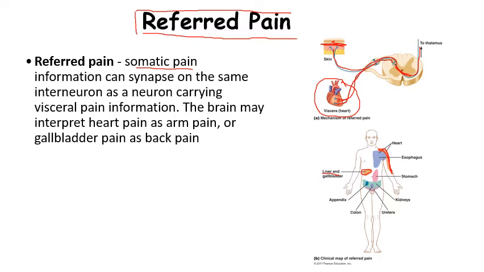Or pain in this region, you may want to look for, hey, are the kidneys okay? Okay, and so different organs have been mapped out to basically have referred pain for different regions of the skin.